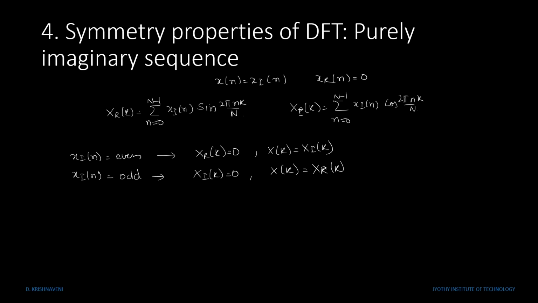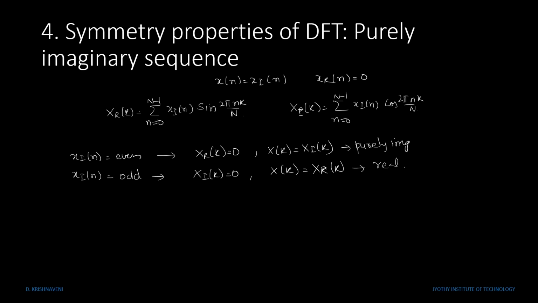So here, this is an imaginary even sequence, the DFT is purely imaginary. If the input sequence is purely imaginary and odd, then the DFT will be a real sequence.